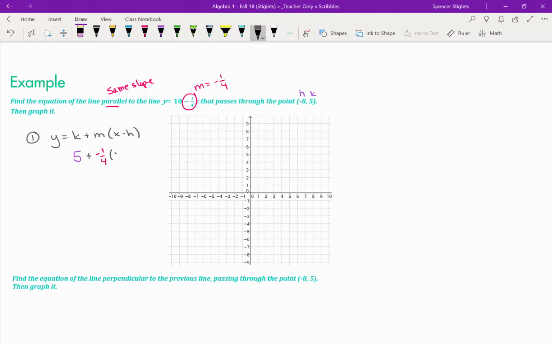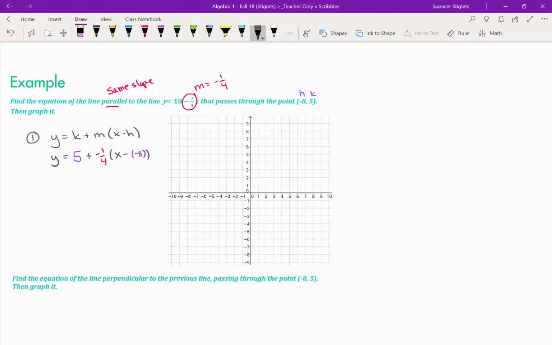And then we have x, which is some future number down the road, some point. It can stand for any number. And then we have h. So h in this case is -8, so minus, and then we'll put in our -8. And that is supposed to equal y.